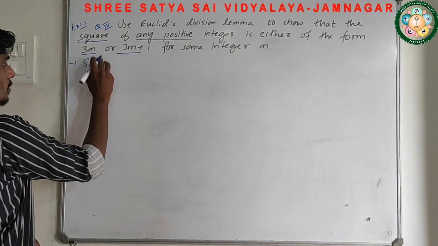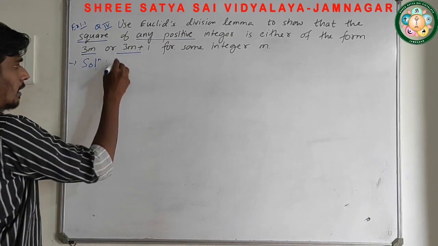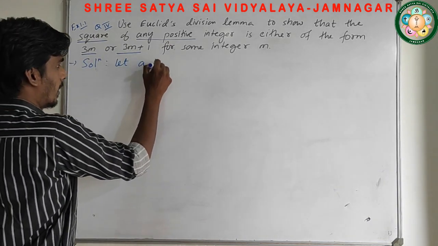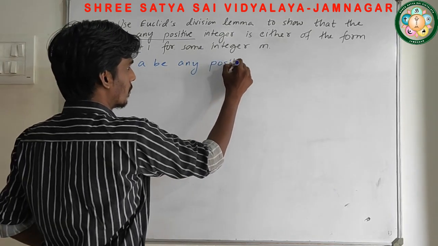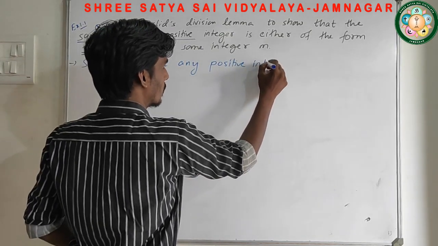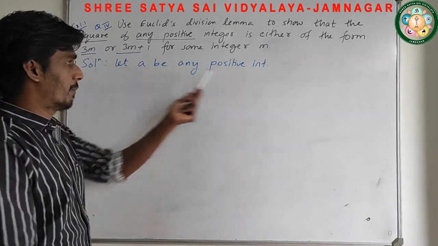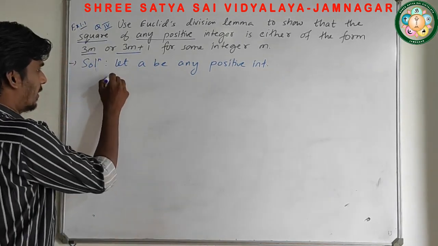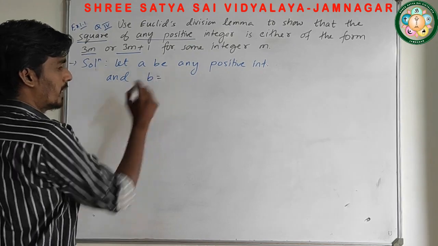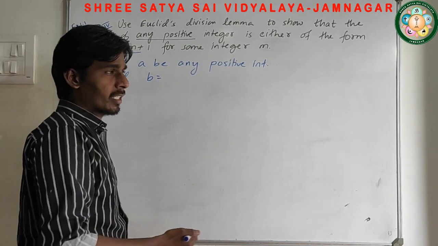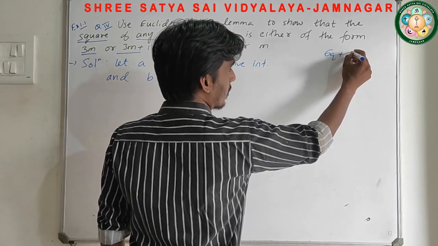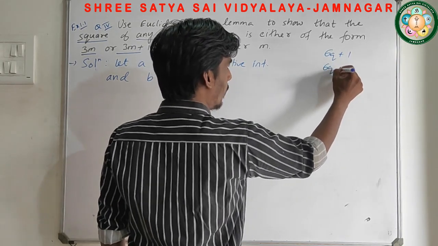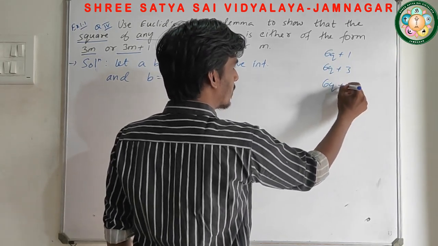For solution, let a be any positive integer and b is equals to what? In the previous sum it was 6. It was like this: 6q plus 1, 6q plus 3 and 6q plus 5.